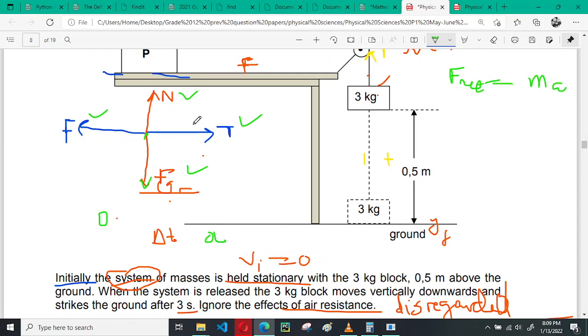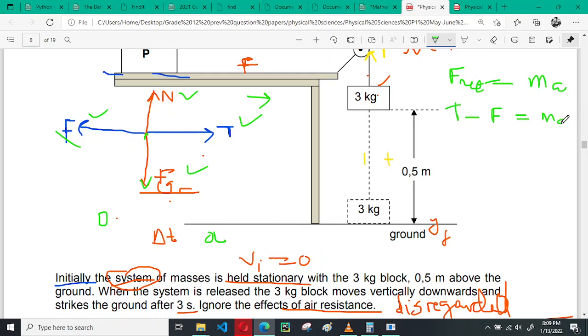Why are we considering only the blue part? It's because the object is moving horizontally. So we're going to say T minus F is equal to ma.